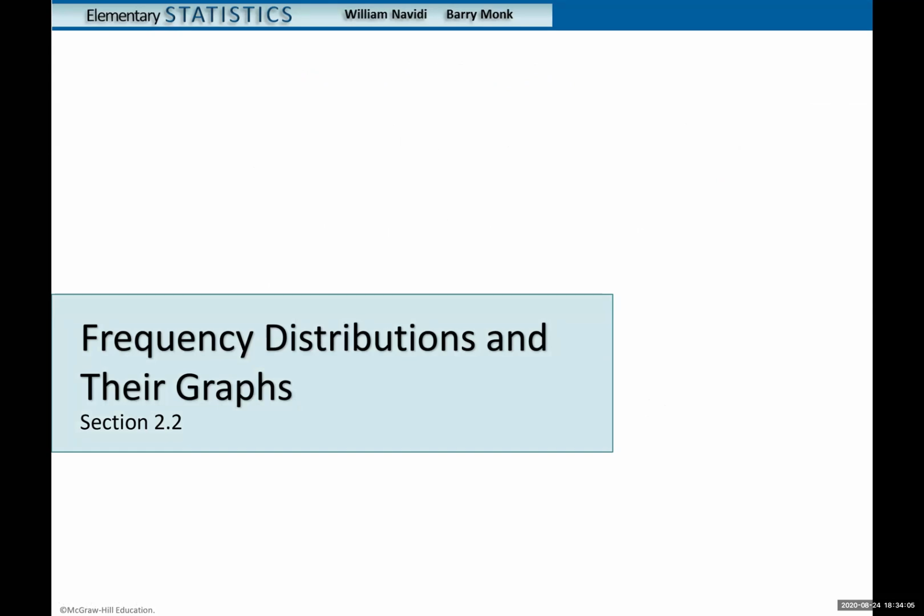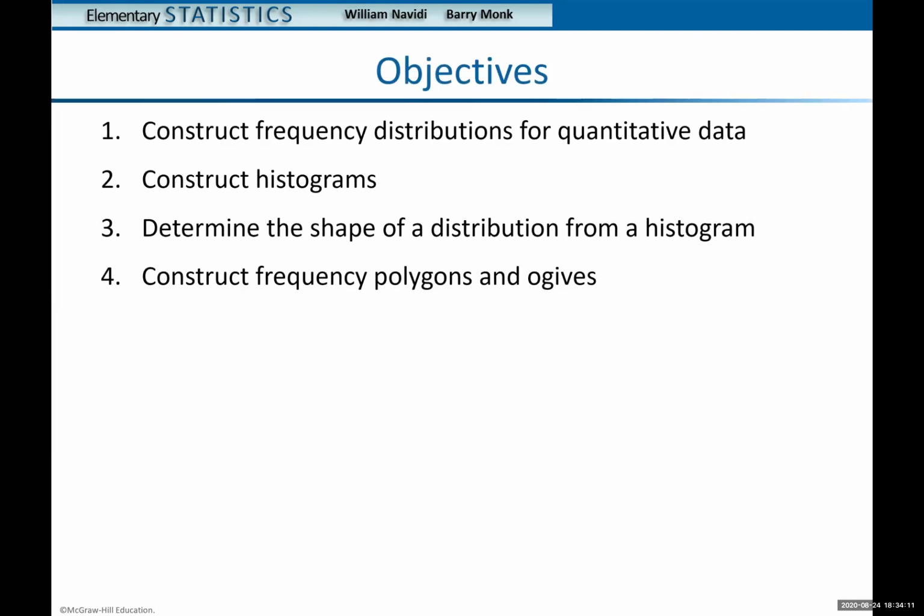Next one, 2.2, is frequency distributions and their graphs. And these are the objectives. Even though 2.1 is really short, 2.2 is a little longer. First, construct frequency distributions for quantitative data. Earlier, if you notice, we talked about qualitative data. In 2.2, we're going to construct frequency distributions for quantitative data.